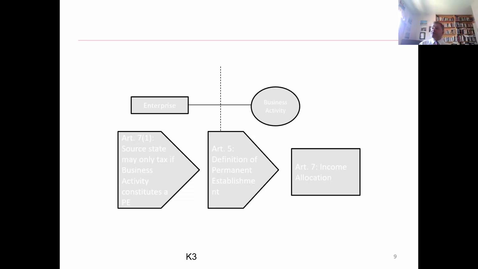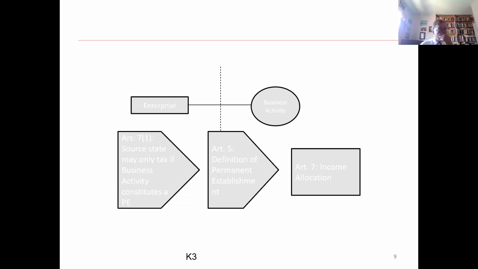That is the treaty which most developed countries have based their double tax treaties on, which is the OECD, Organization of Economic Cooperation and Development Model. And you look at typically Article 5, there is the definition of permanent establishment. And if there is a permanent establishment, not only where the enterprise is resident, but also in another state, then you go back to Article 7, and you look at the attribution of income.